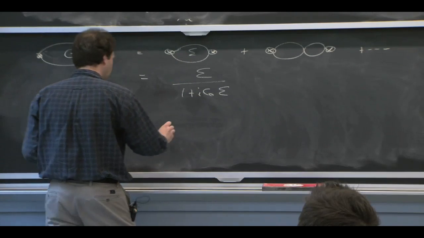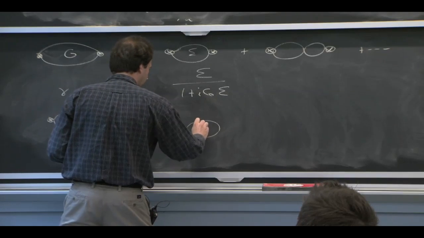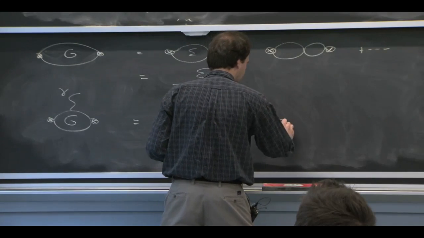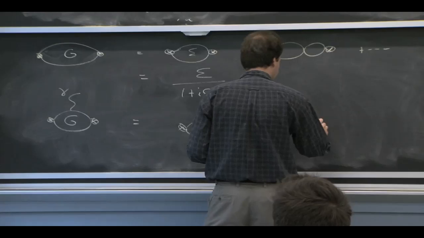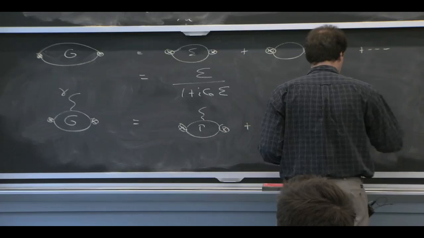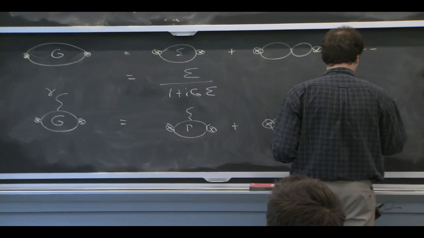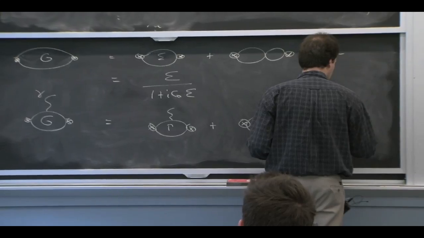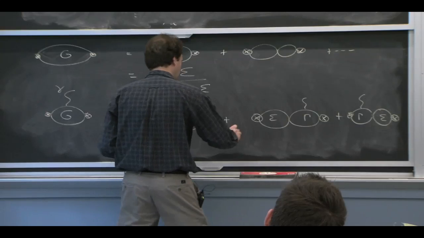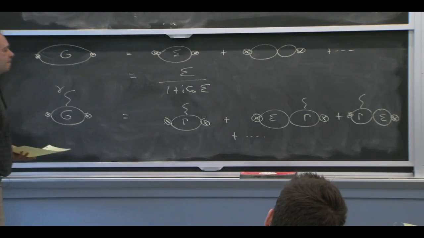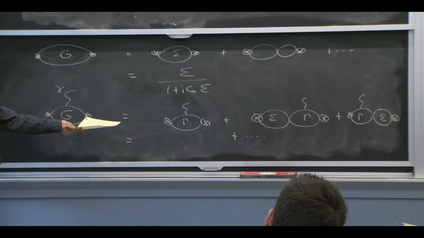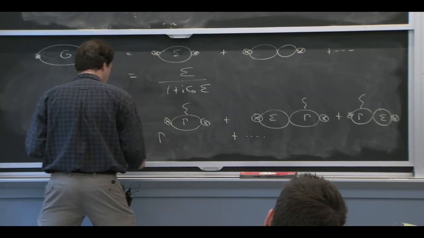And in a similar notation, I can have an irreducible piece, and then I can have iterations with C0s, etc. And if I sum up those irreducible diagrams, I can write the full Green's function in terms of the irreducible pieces, again in a similar sort of notation.